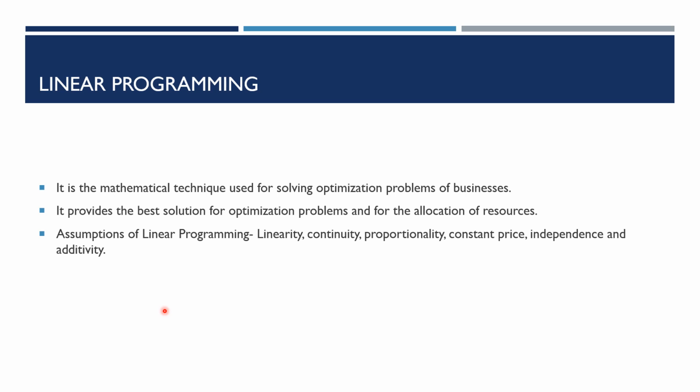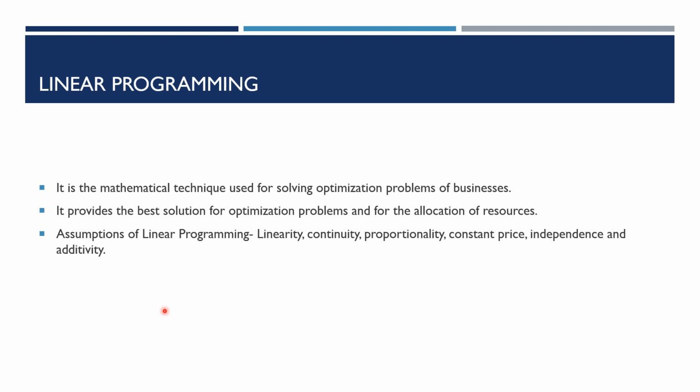Another assumption is that it is additive in nature. That is, the variables can be added together. If the variables cannot be added, they cannot be solved under linear programming. They should be additive in nature. It should be possible to add them.